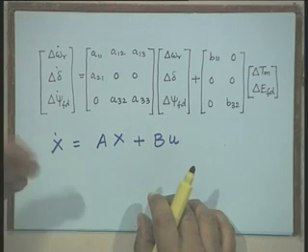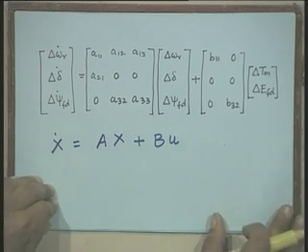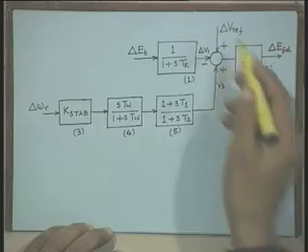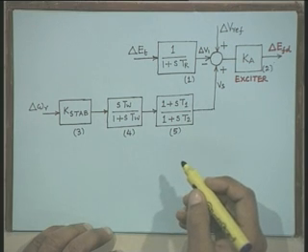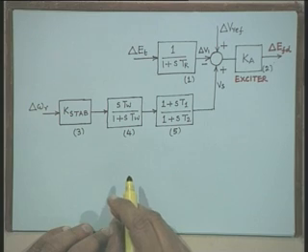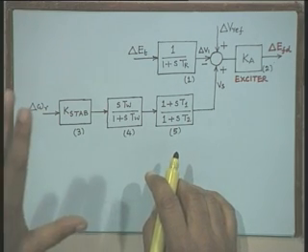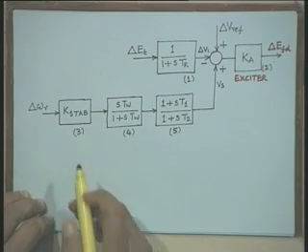Now, you can obtain a more detailed model including the AVR and PSS. To develop this model, I will just tell you a few salient steps. The additional portion of the transfer function to be incorporated in the model is shown here, because we already developed the transfer function model of the third order system.